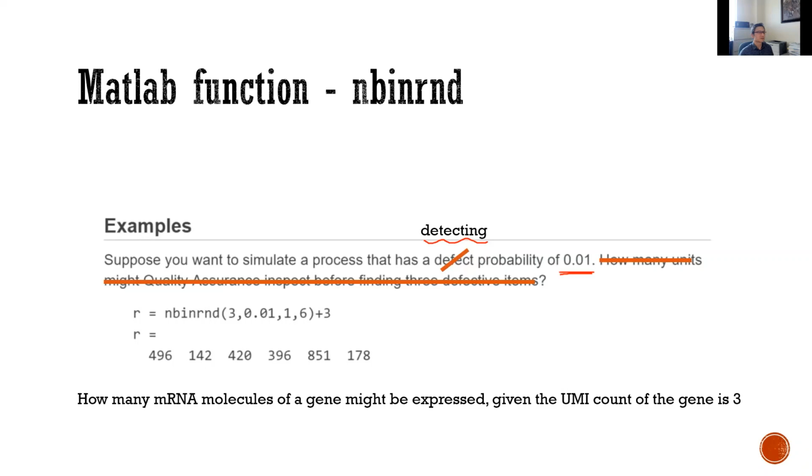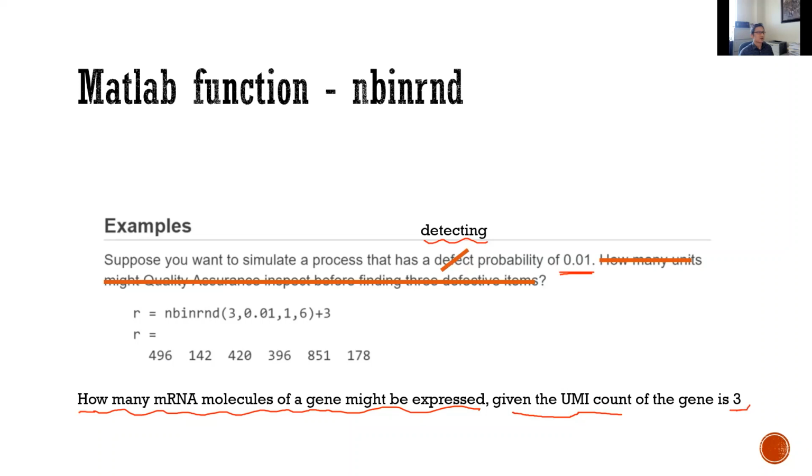That means if you have 100 mRNA, you will probably generate 1 UMI. Then the question we ask is, how many RNA molecules of the gene might be expressed? That's the original expression level of the gene. So what does the real gene expression level have to be, given that a UMI count of 3 has been detected for the gene?